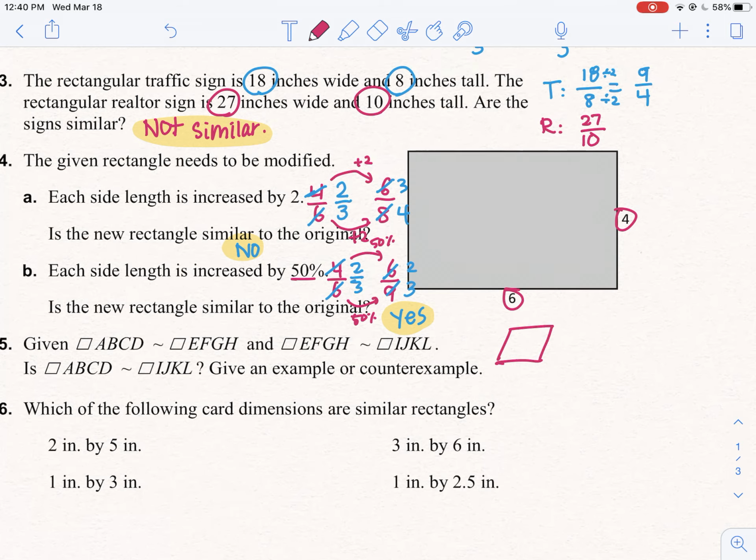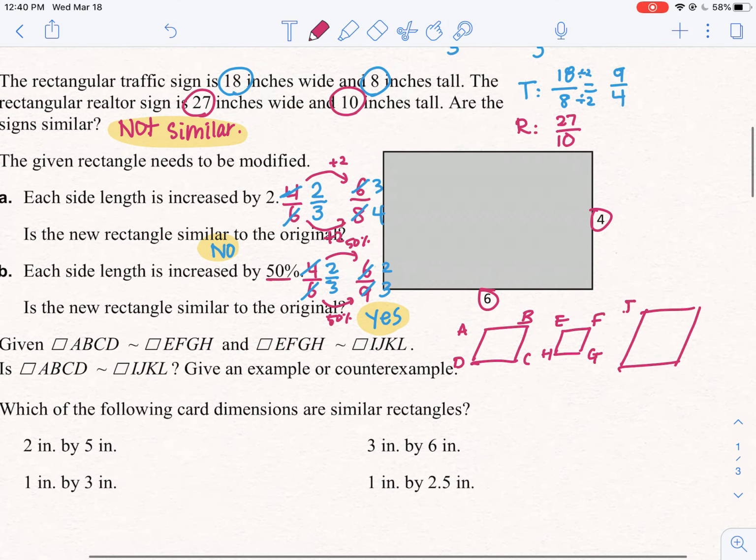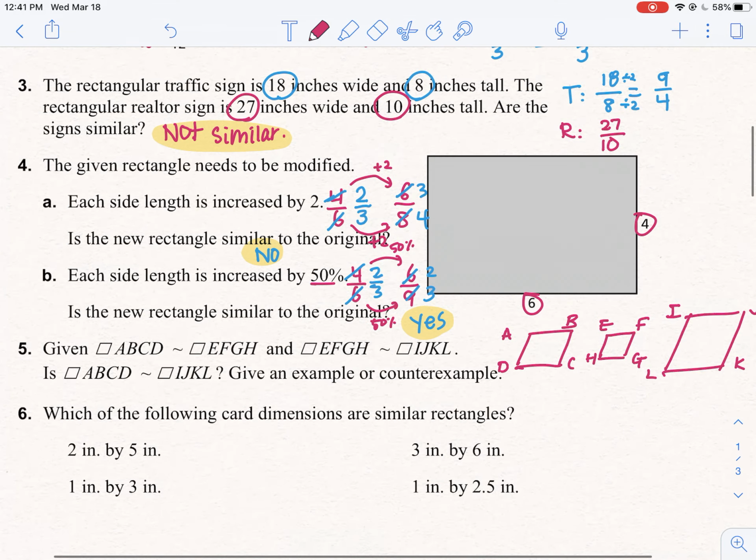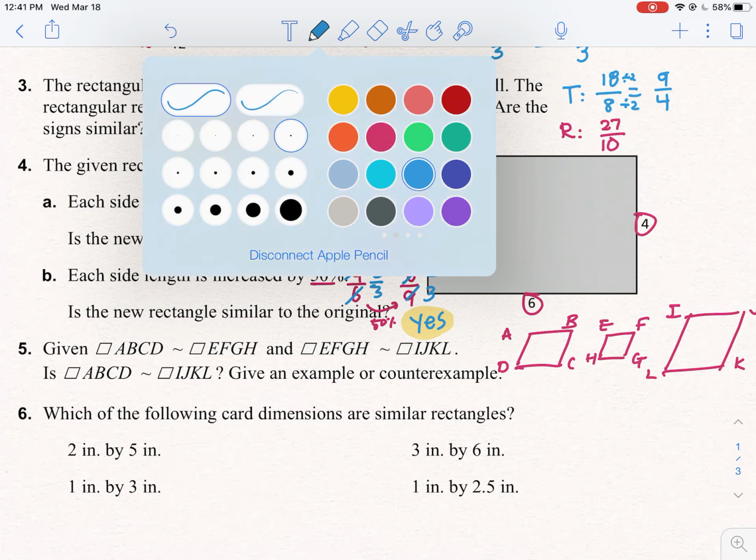If you're not so sure, you can draw. I'm going to draw one a little smaller. A, B, C, D. We have E, F, G, H. Let's say we have I, J, K, L.